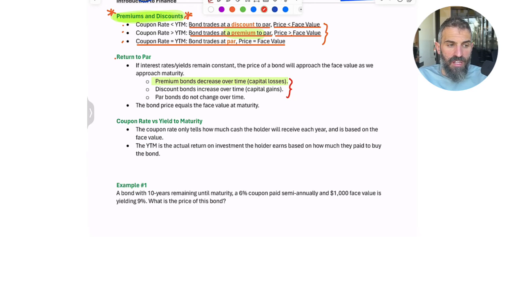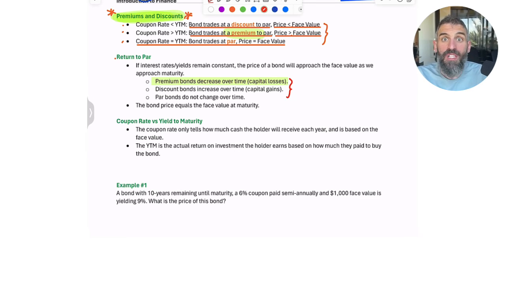Okay? So think of the coupon payment. The coupon rate is just, this is my periodic payment, the periodic payment I'm receiving. But the YTM is my actual return based on how much I invested up front. And that's the number that truly matters. The coupon payment matters, sure, but the yield is everything.